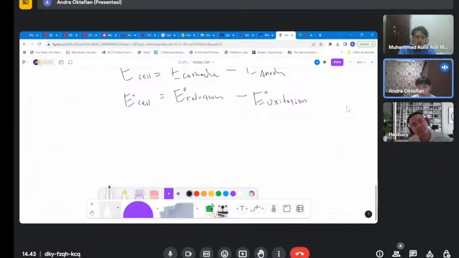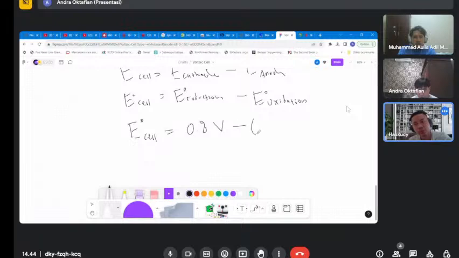There are no relations between the multiplication and the voltage, because it just happens for the reactions, not for the complete voltage calculations. So what is the calculation, guys? Basically 0.8 plus 2.37, so basically 3.17, I guess.